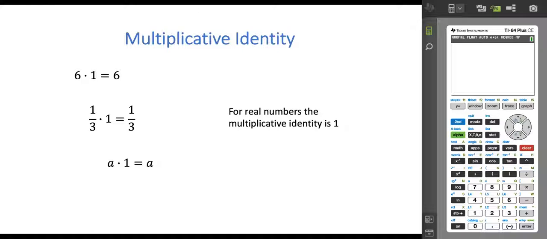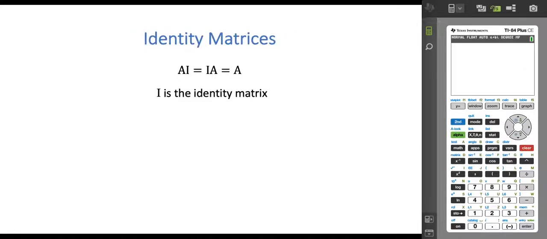Well, this idea of 1 with matrices is a little bit different, okay? So what we want to do is talk about the multiplicative identity for a matrix. If I take some matrix A and multiply it by the identity matrix, either A times I or I times A, I'm still going to end up with the same matrix.